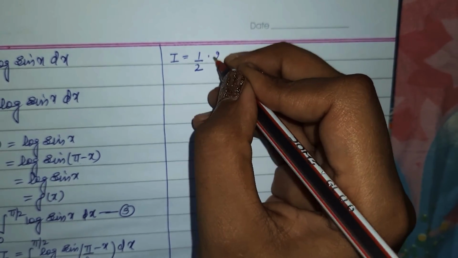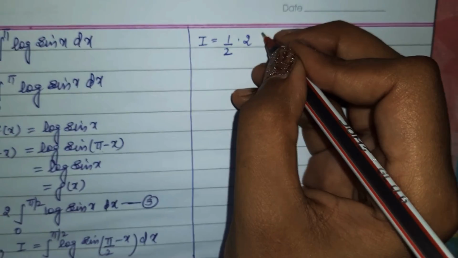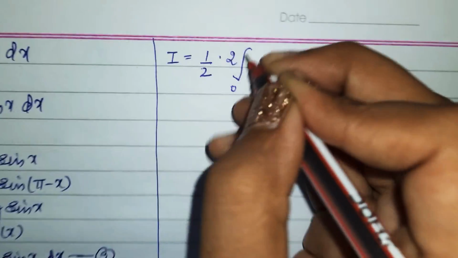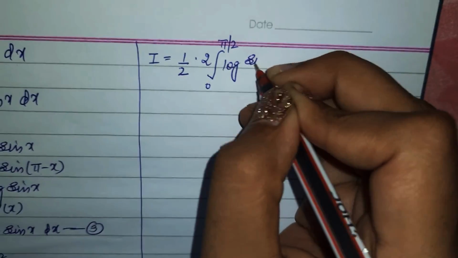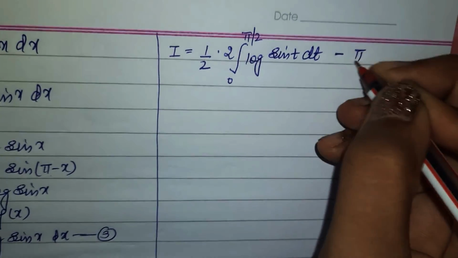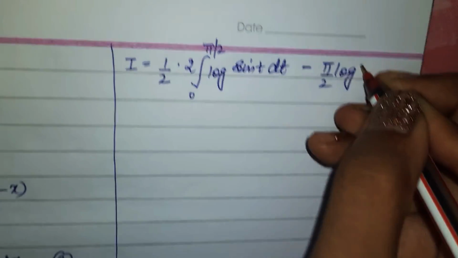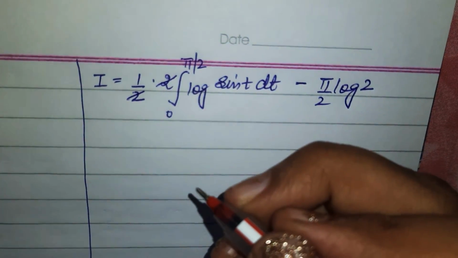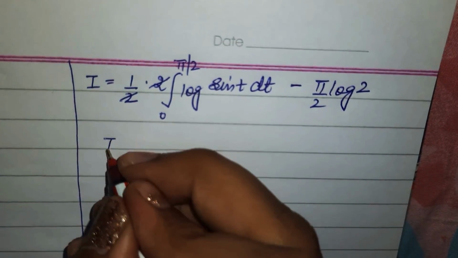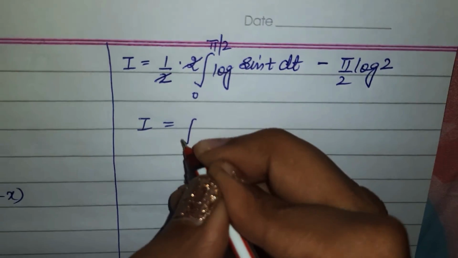twice the integral from 0 to a, that is 0 to pi by 2, of log of sin t dt, and this is minus pi by 2 log 2 after integration. So this 2 will cancel out. Now remember we have done property number P0.